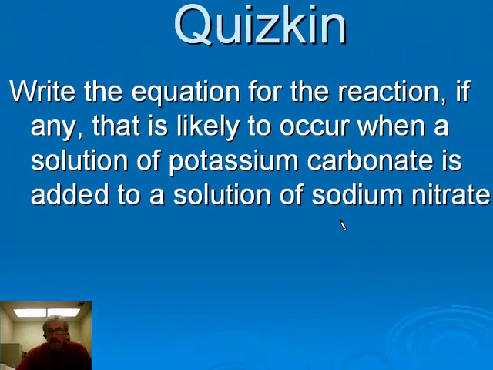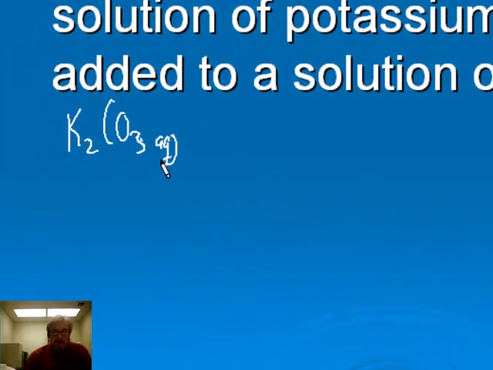Try this one. What's going to happen, if anything, when potassium carbonate is added to sodium nitrate? Well, potassium carbonate solution is K2CO3, aqueous, and that's added to a solution of sodium nitrate, which is NaNO3, aqueous.